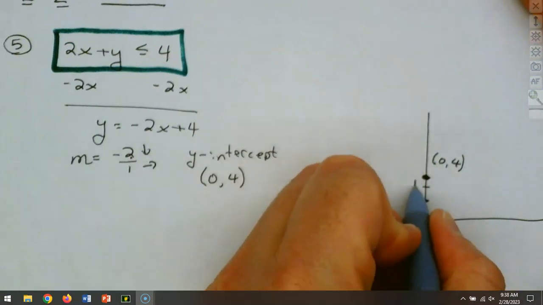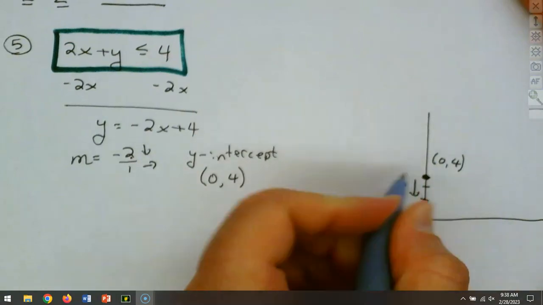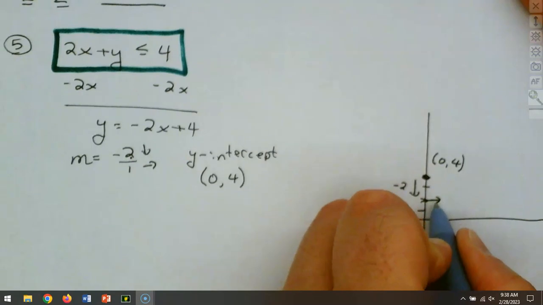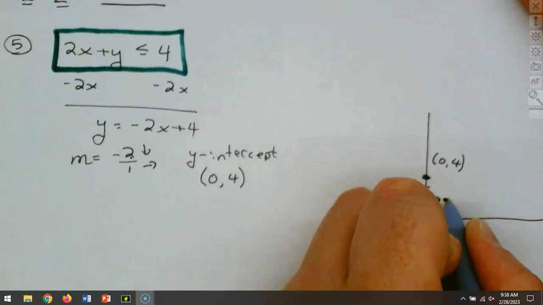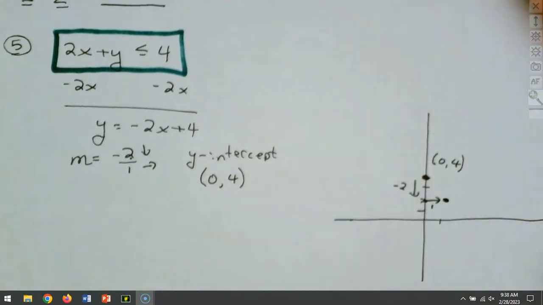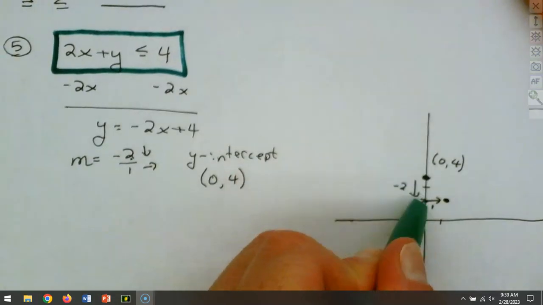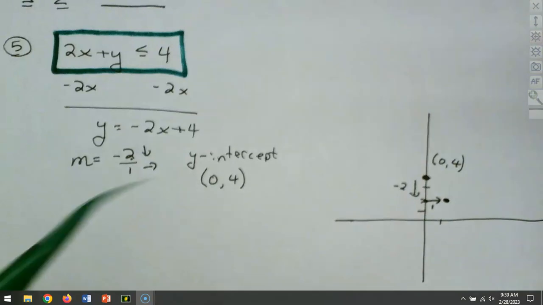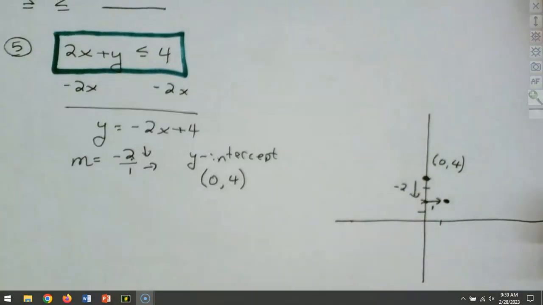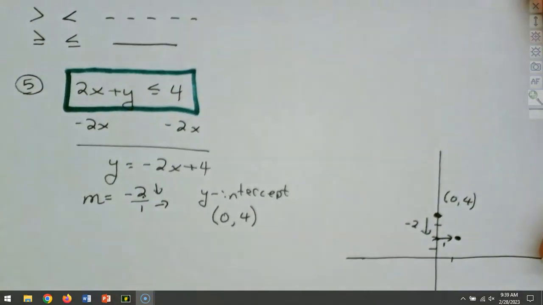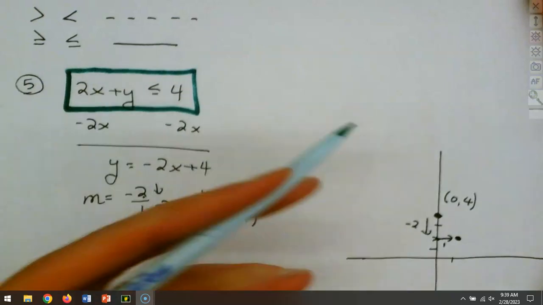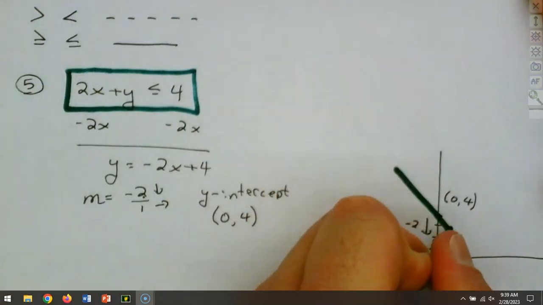So we're going to go down 2, and then over 1, and make a new dot there, right down from this point here. This is where you started. We went down 2, over 1. Now, because it is less than or equal to, it is going to get a solid line.